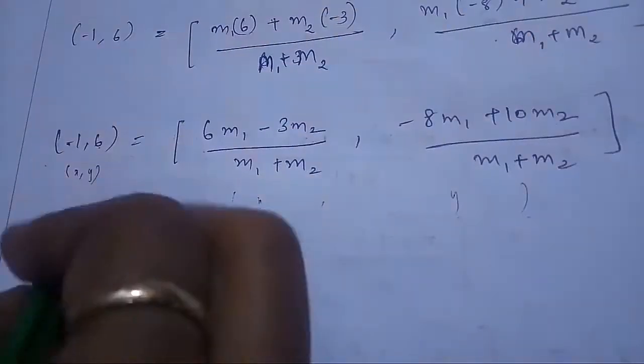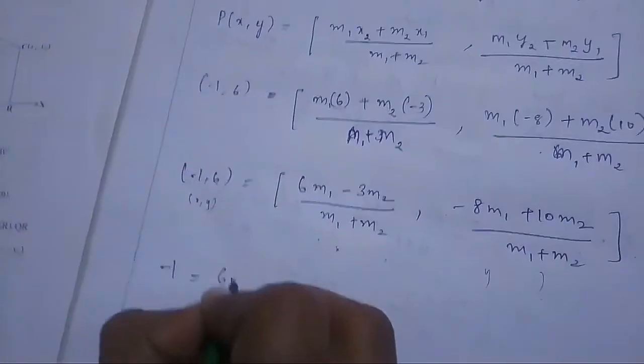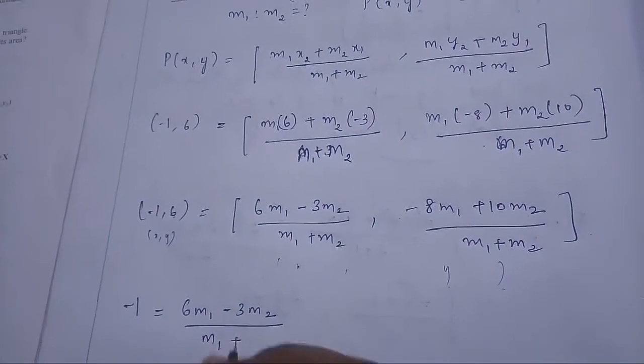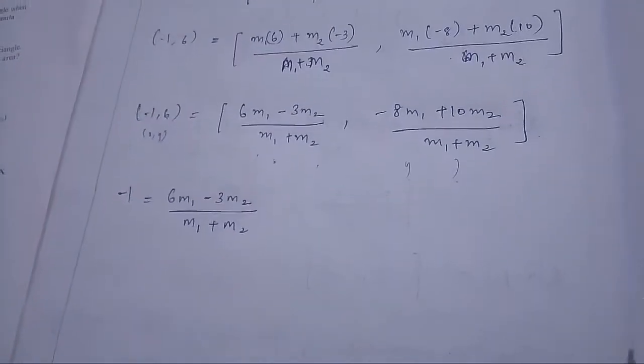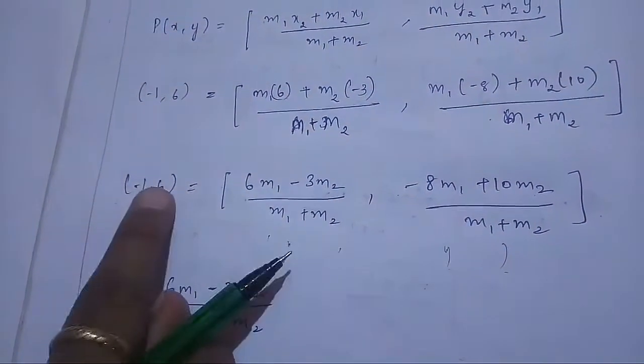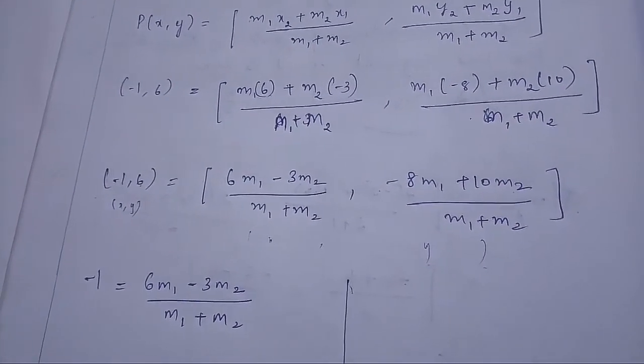Let's equate. -1 is equal to (6 m1 minus 3 m2) divided by (m1 plus m2). We need to find the value of m1 and m2, so equate -1 to this and 6 to this.